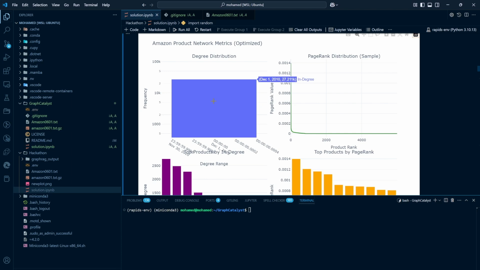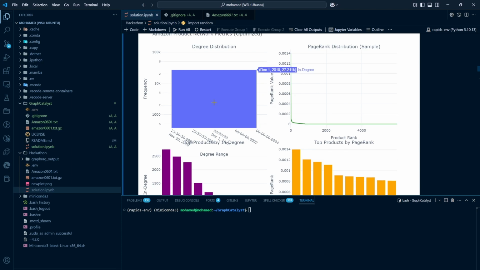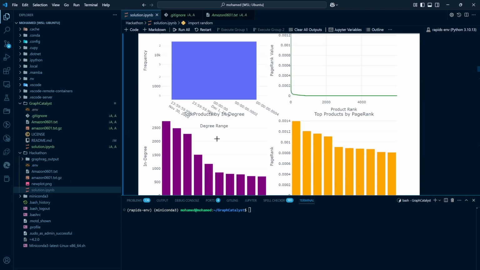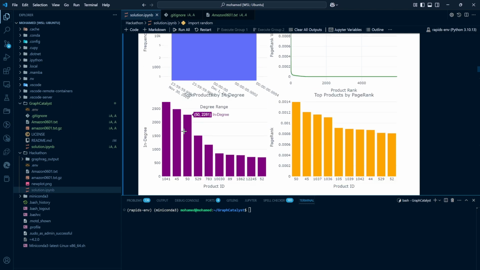The PageRank distribution shows influence is concentrated in a relatively small number of products, and the bottom charts right here identify the most central products by in-degree and also by PageRank, which are prime candidates for promotional activities.